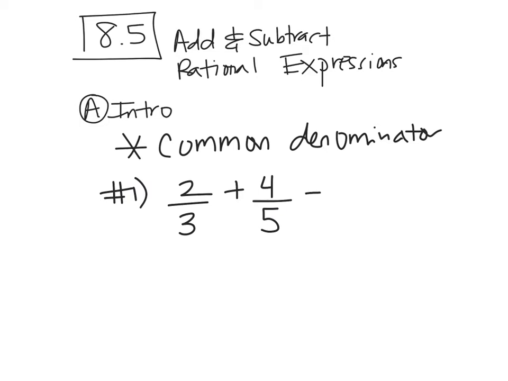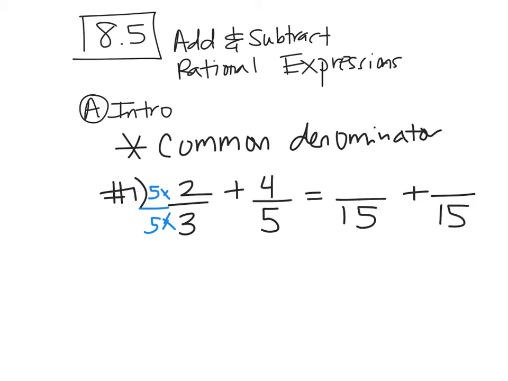And so this is equal to, and we're going to change this to be in 15s, right? And in order to do that, you have to multiply this fraction, top and bottom by 5. Okay? And you do that because what you're essentially doing is, what is 5 over 5? It's 1. You're not changing it, right?